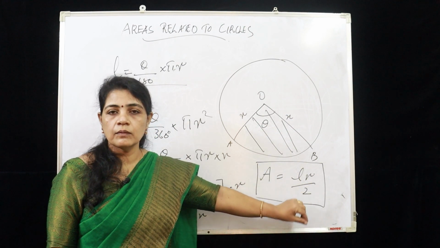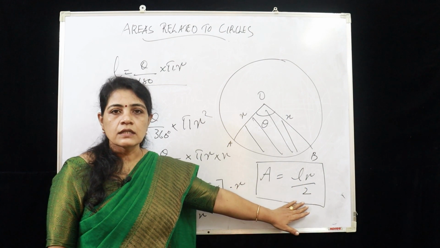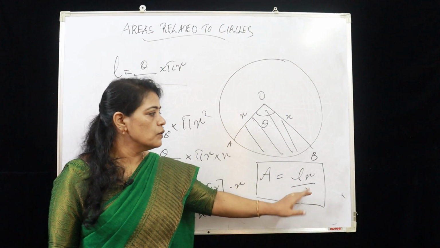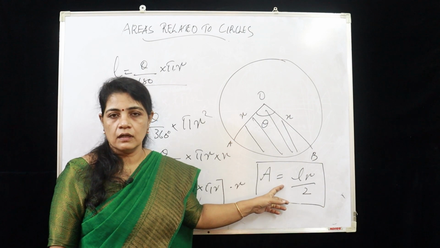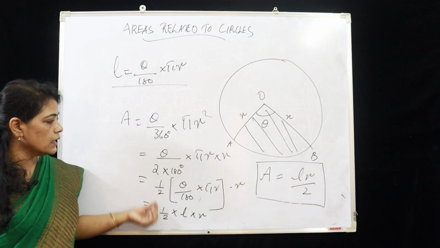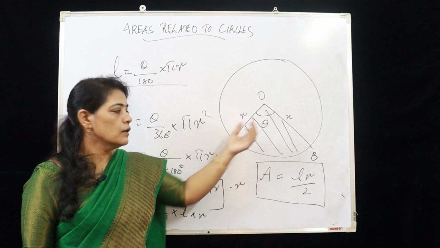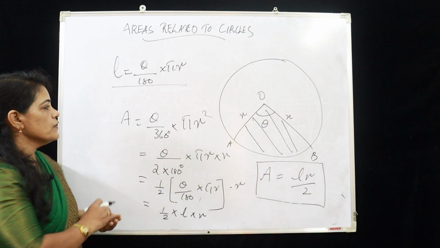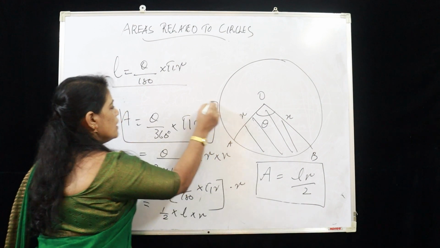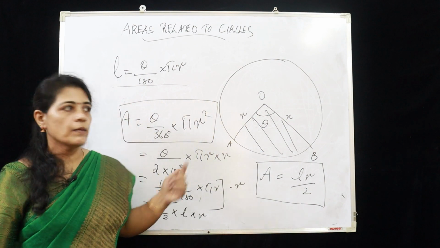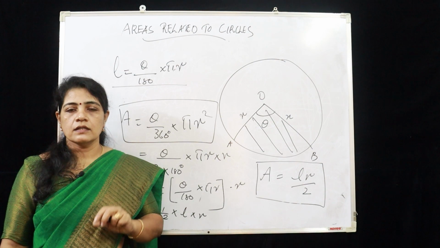If you don't know the measurement of the angle subtended by the arc at the center, you can still easily calculate the area of the sector. But if you know the angle between the two radii, you can easily calculate the area of the sector by using the formula A is equal to theta by 360 into pi r square.